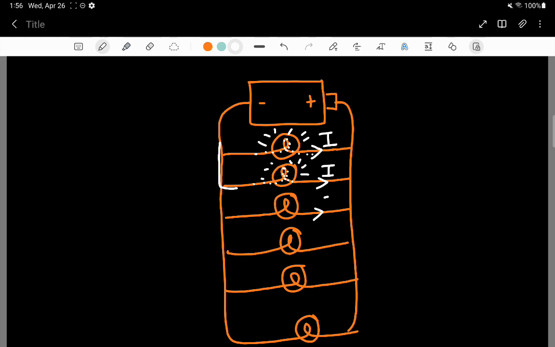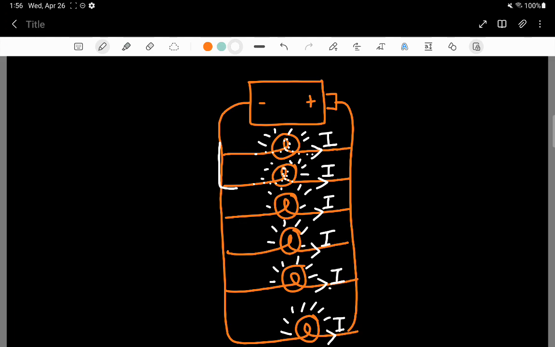And so is this light bulb, and this light bulb, and this light bulb, and this light bulb. It's interesting that even though this light bulb down here is the furthest away, it's still just as bright as the light bulb closest to the battery. So they're all the same brightness. They all carry the same current.